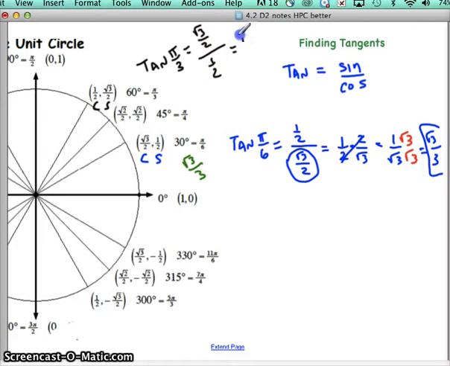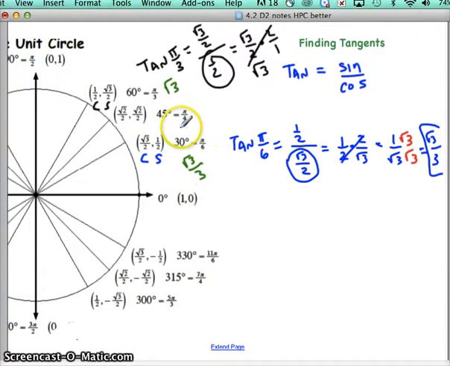And again, take the top stuff, which is radical 3 over 2, and multiply by the reciprocal of the bottom stuff, which is 2 over 1. The 2's cancel, and I just get radical 3. So mark on your unit circle sheet that the tangent of 60, or the tangent of pi over 3, is radical 3.